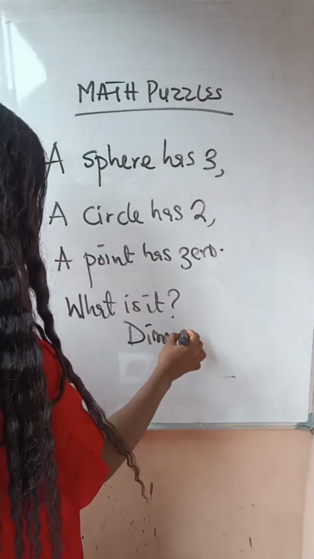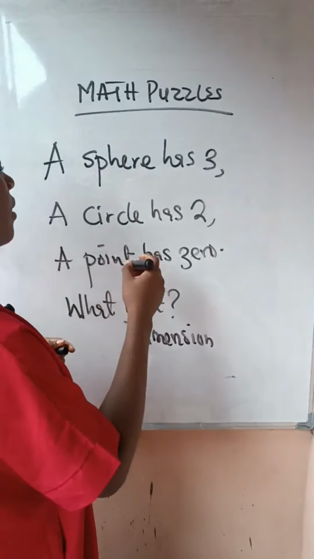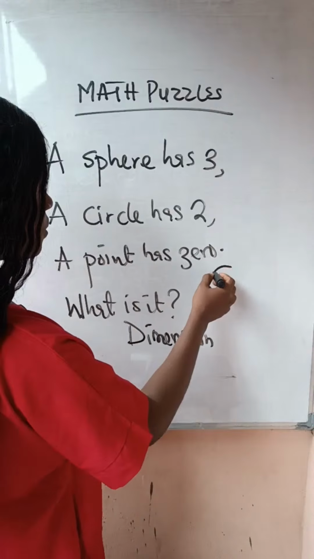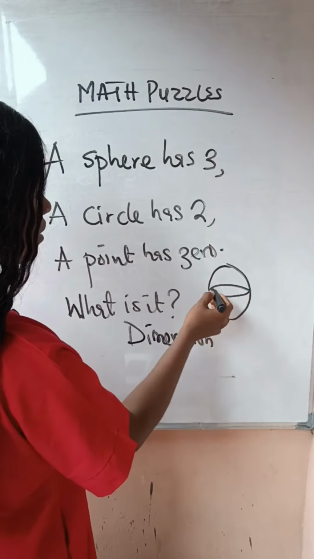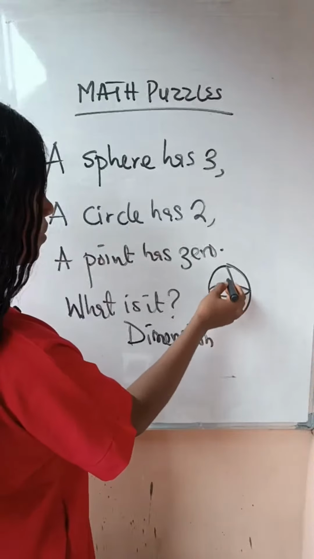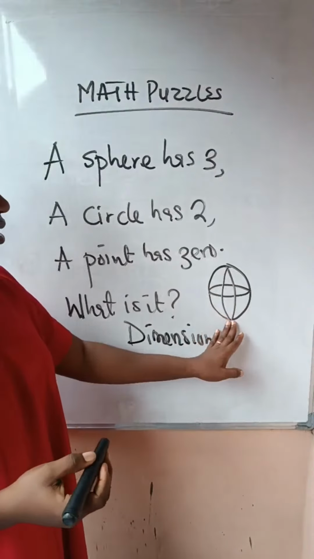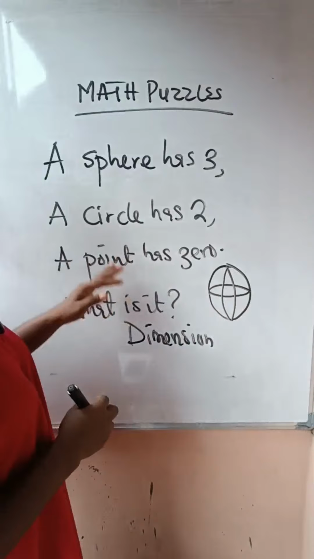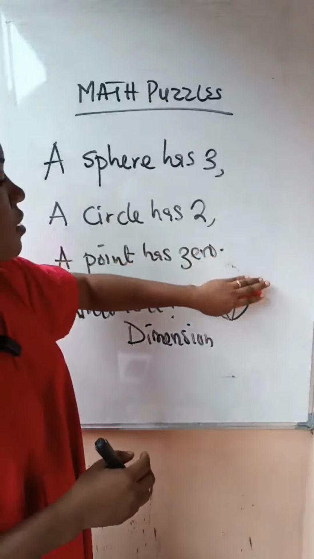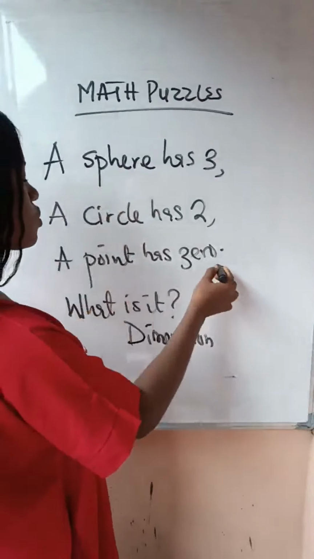Now, for the benefit of those that don't understand, a sphere is a 3-dimensional shape. I don't know how to draw this, but something like this. That is a sphere, a 3-dimensional shape. A circle is just something you can draw on a paper or on a board, so it is 2-dimensional.